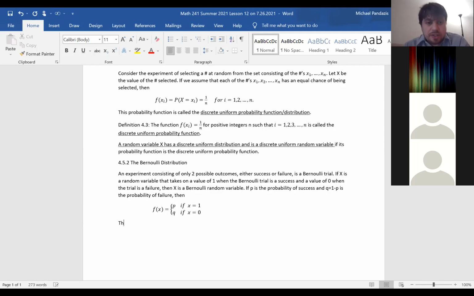This probability function is called the Bernoulli probability function or distribution.